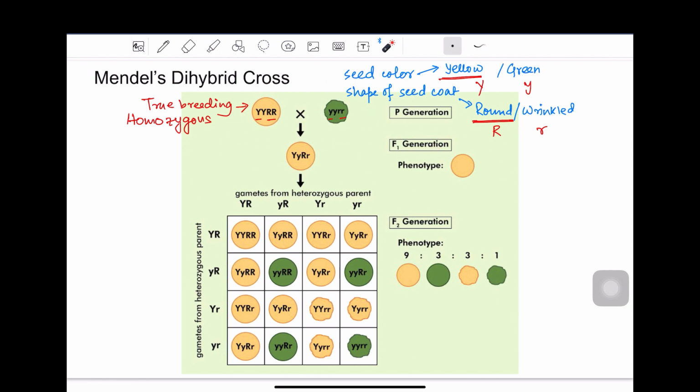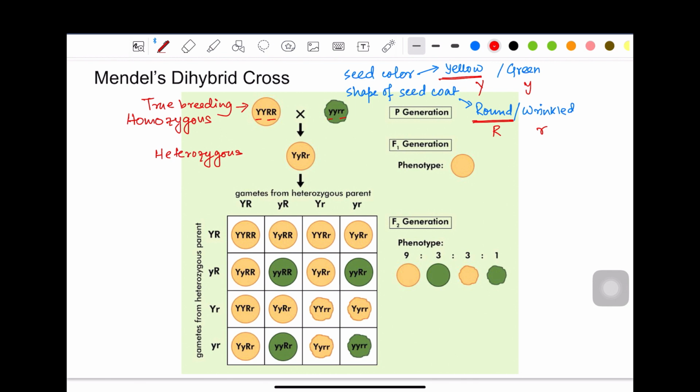In the F1 generation, these plants led to only one type of progeny, whose phenotype is yellow and round, but whose genotype is heterozygous, because it has capital Y, small y, capital R, small r.